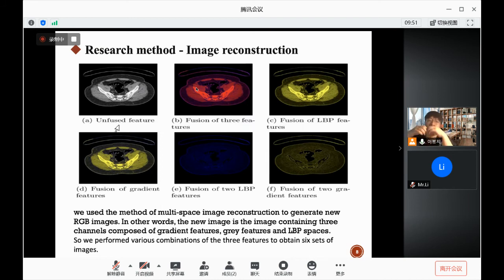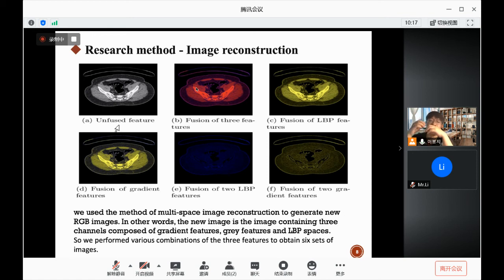We used the methods of multi-space image recognition and image reconstruction to generate new RGB images. In other words, the new image is the image containing three channels composed of gradient features, RBP features, and RGB space.